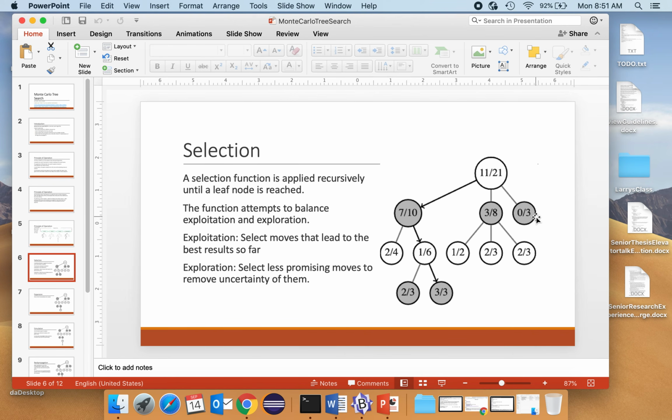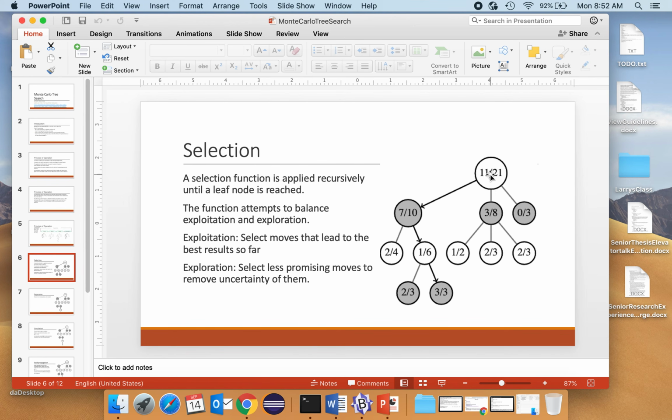Because we only played 3 games. Now, the opponent lost all 3 games, so from our perspective, maybe that's a good move to make. But we just don't have enough data. And so a lot of times there's a bias towards early on doing some exploration to see, what's up with this node? I mean, how powerful is it? What does it lead to?